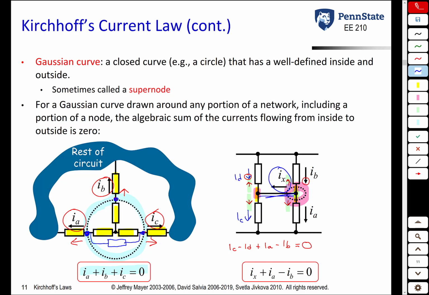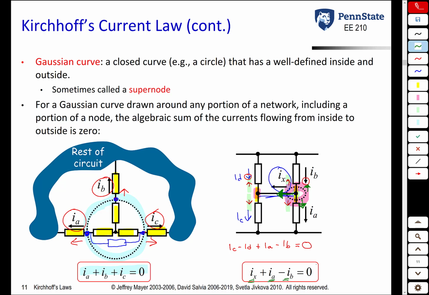If you do that and write the KCL equation, you get this current plus this current plus that current is equal to 0. So the current going down is IA. The current going up is negative IB, and the current going to the left is IX.